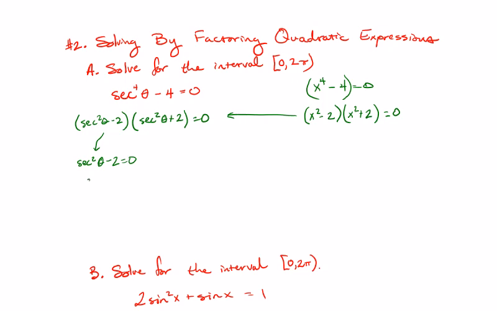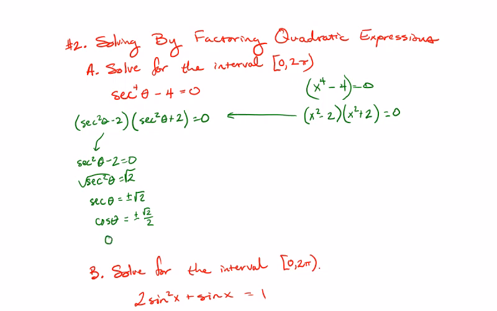We'd add 2, so secant squared of theta equals 2. Square root both sides, and don't forget the plus or minus. Secant of theta equals plus or minus rad 2. And so once again, if secant is rad 2, then the reciprocal, if it helps you, cosine of theta is going to be plus or minus rad 2 over 2. If that makes it helpful to think that way, then do that.